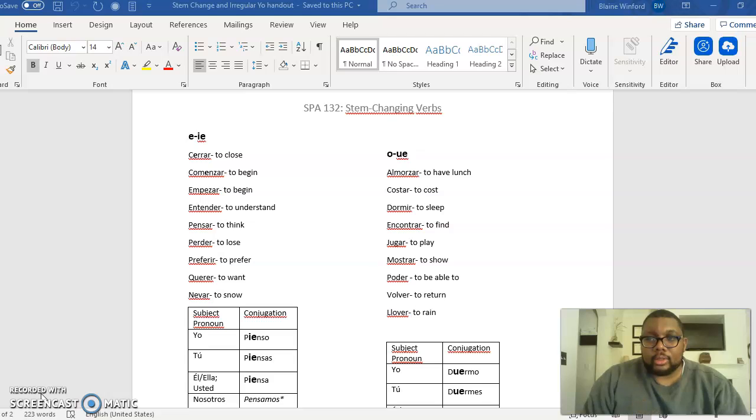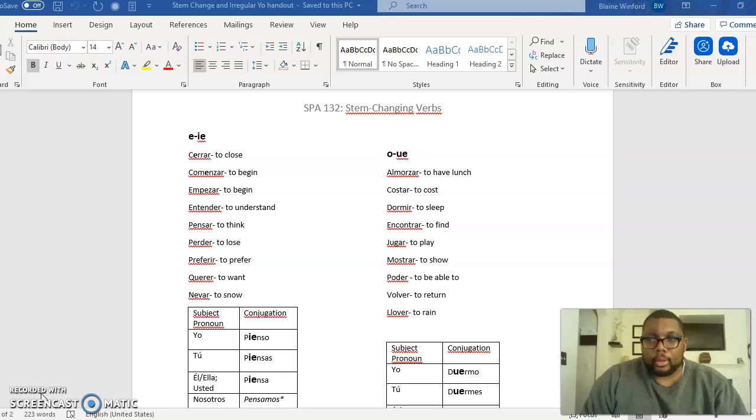Stem changes do not create changes like this. They do not change the meaning of the word. Again, most of what happens with stem changes is a changing of the spelling and the pronunciation of certain conjugations.